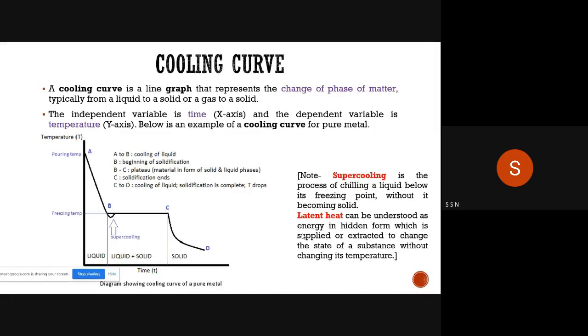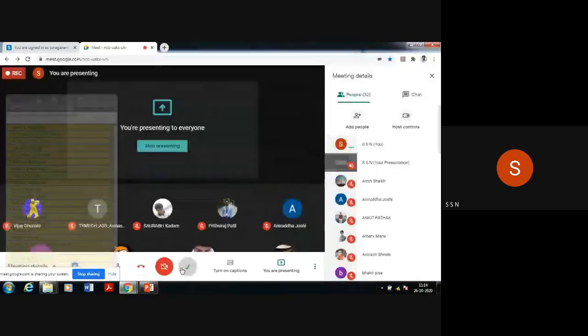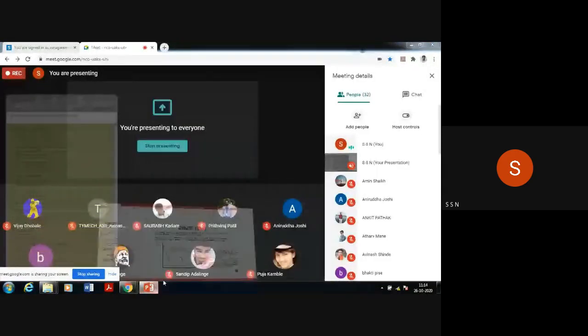Now when metal has melted up to point A, that means at the pouring temperature, and then we have reduced the temperature, then we have cooled that. So from A to B, the form of that metal is liquid only, and there we have cooled that.